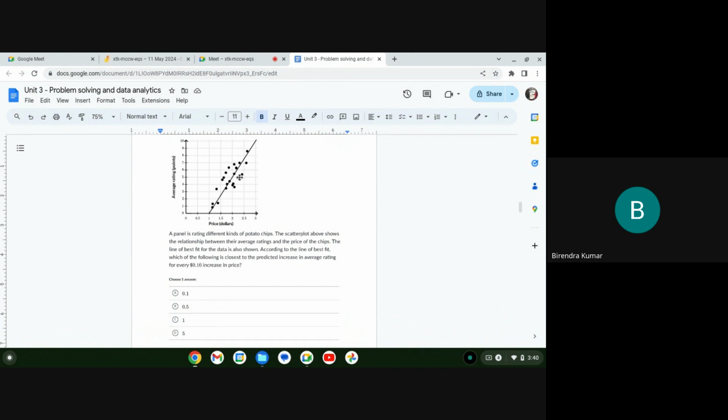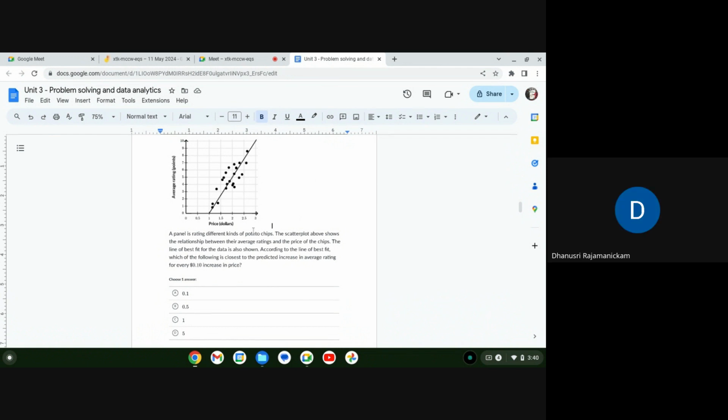We'll probably not pick up these ones which are a little far. So we'll pick up the points which are on the line of best fit. So let's pick up, let's say, the bottommost one and the topmost one. What say? Is that okay?